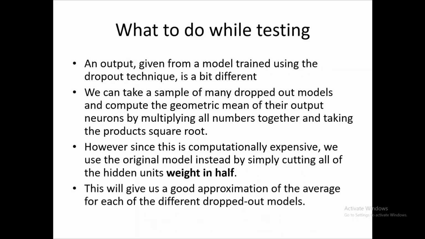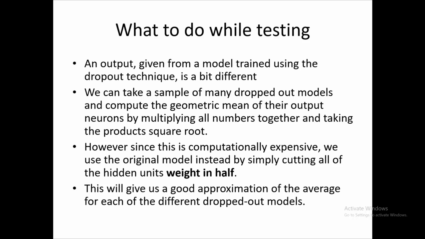But during testing, the output given from a model trained using the dropout technique is a bit different. We could take a sample of many dropped out models and compute the geometric mean of their output neurons by multiplying all the numbers together and taking the product's square root. However, since this is computationally expensive, we use the original model instead by simply cutting all of the hidden units' weights in half.